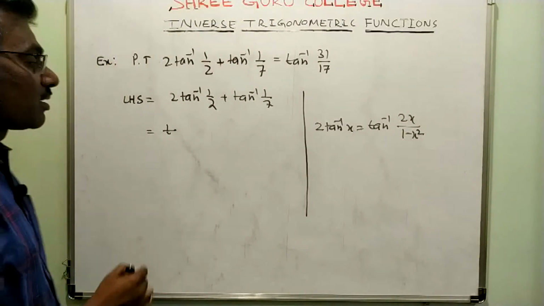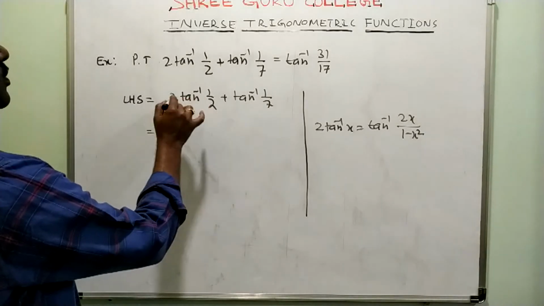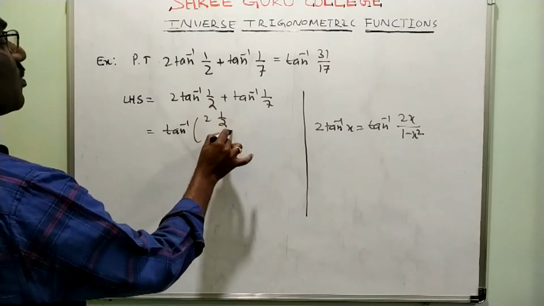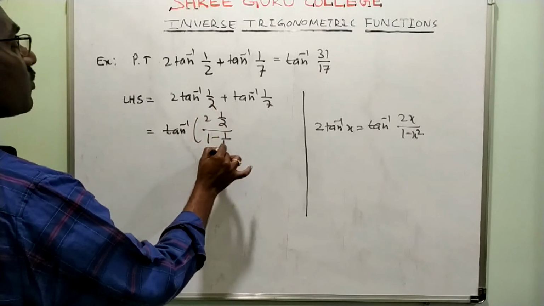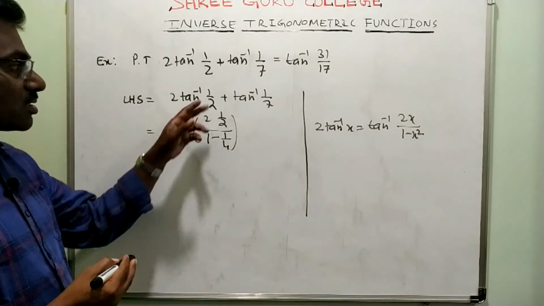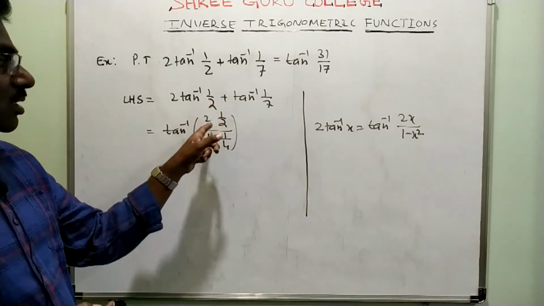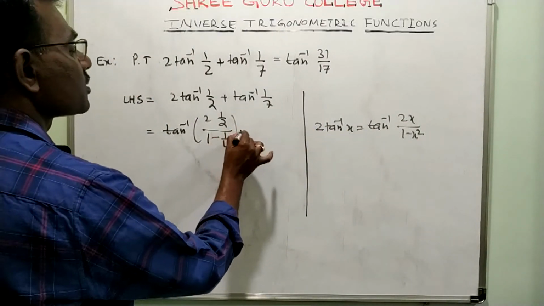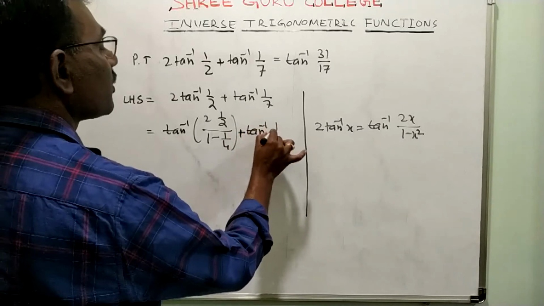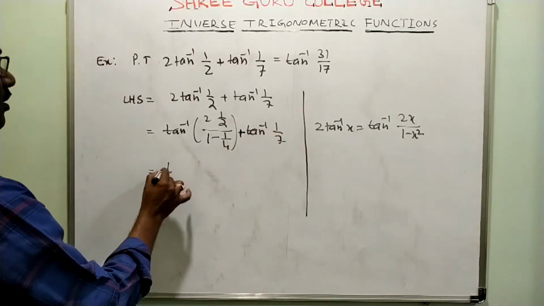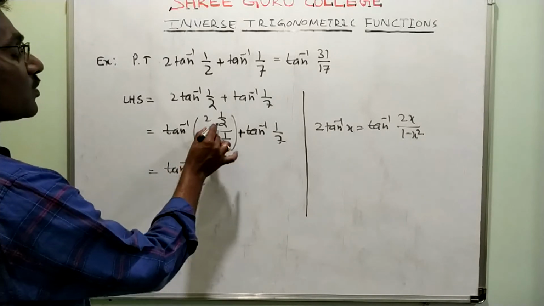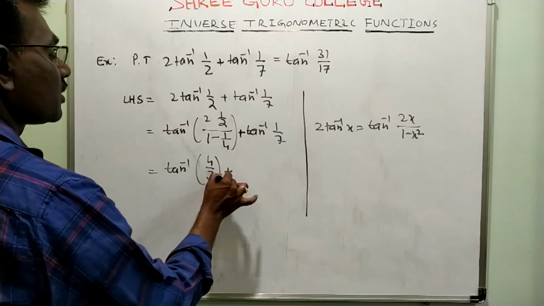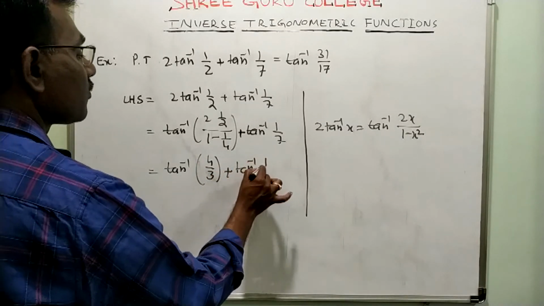I have given this property. Here x is 1 by 2, so 2 into 1 by 2 divided by 1 minus 1 by 4, plus tan inverse of 1 by 7. Cancelling, it is tan inverse of 4 by 3 plus tan inverse of 1 by 7.